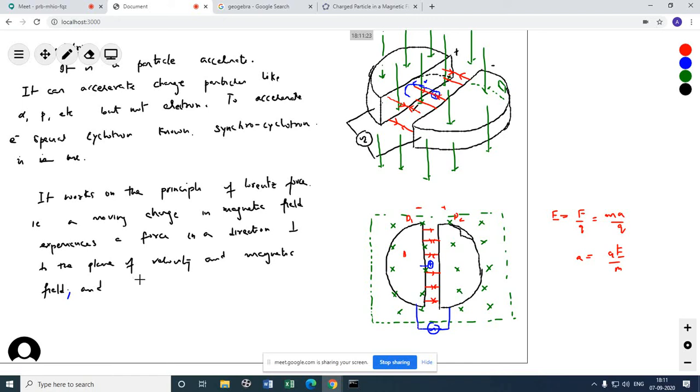And the frequency, or time period, you can say any one of them, the frequency of this motion is independent of the speed of the particle.